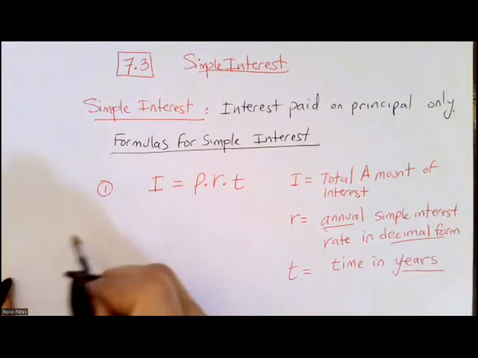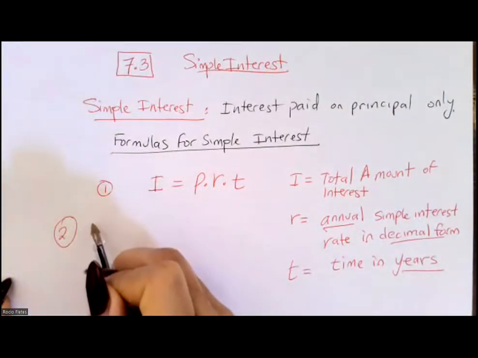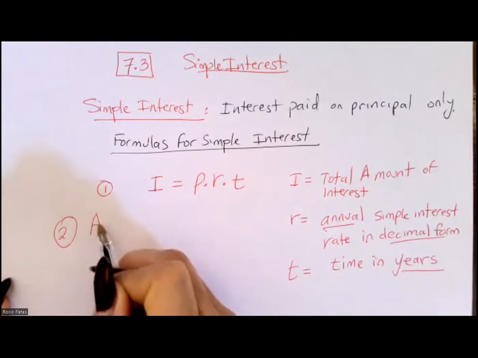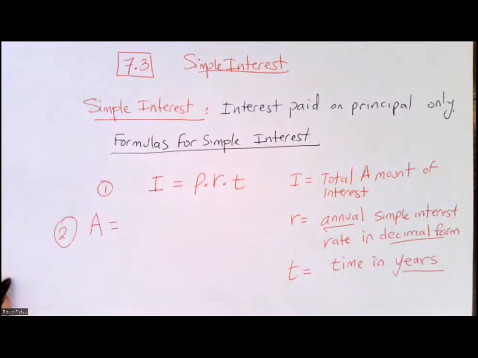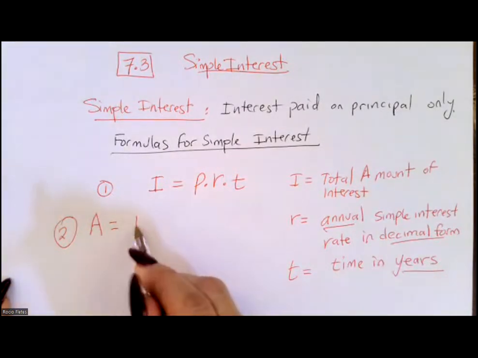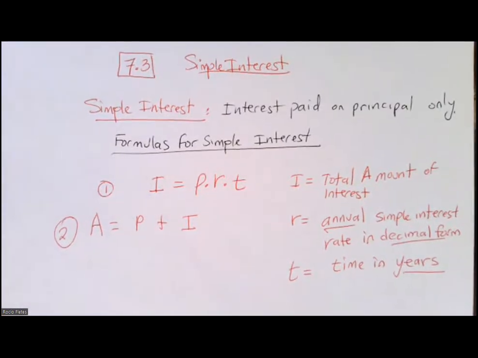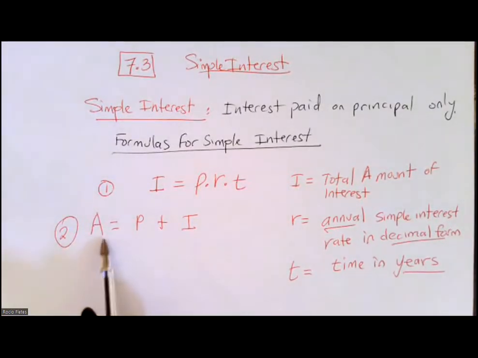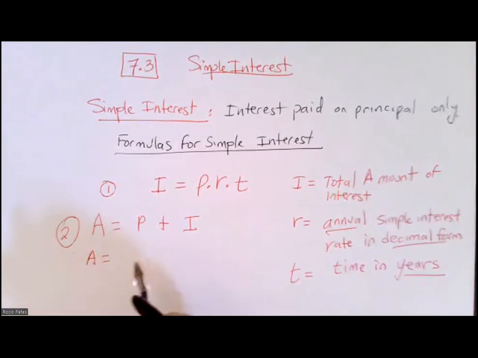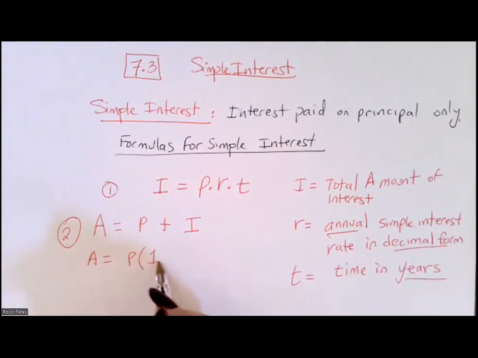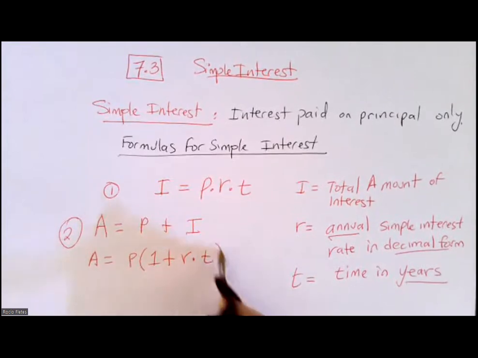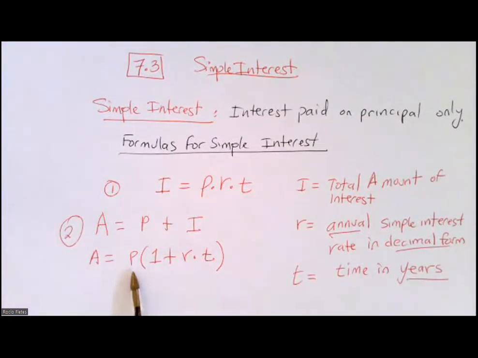Now the second formula is future value. I'm going to use A to represent future value, which is equal to principal plus interest. One way to write it is like this, or you can also write A equals P times (1 plus R times T), which is the same thing, because when you distribute the P, you get P times 1 is P, and then P times R times T, which is just the I formula.